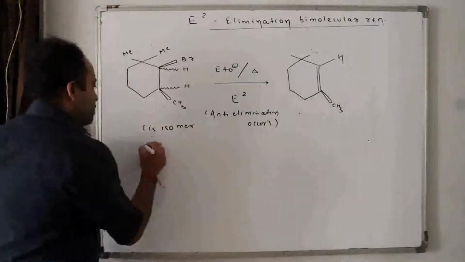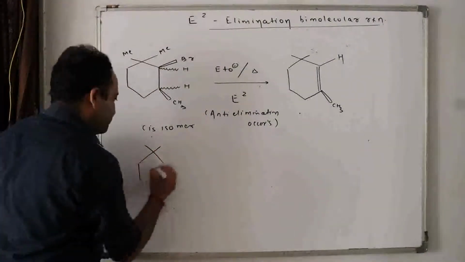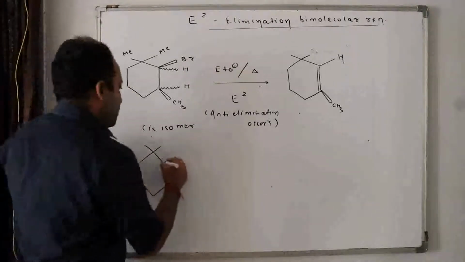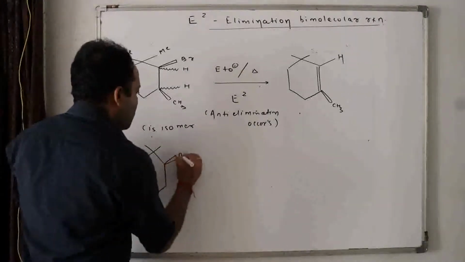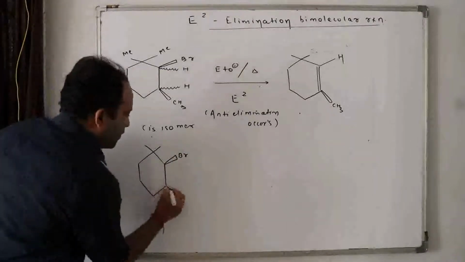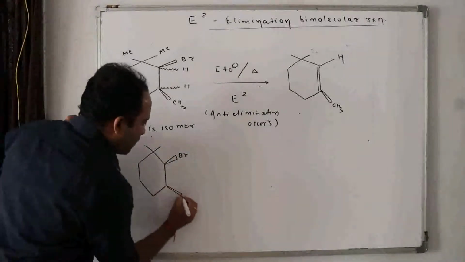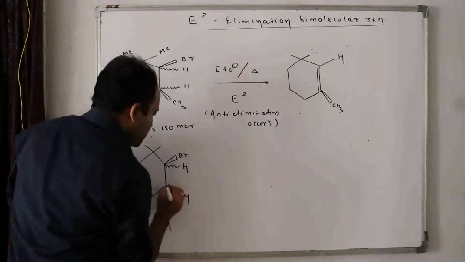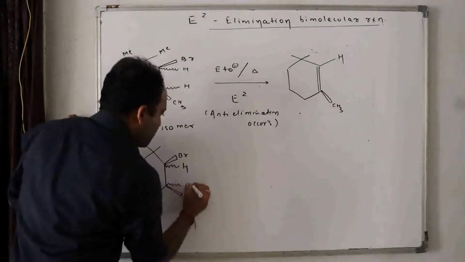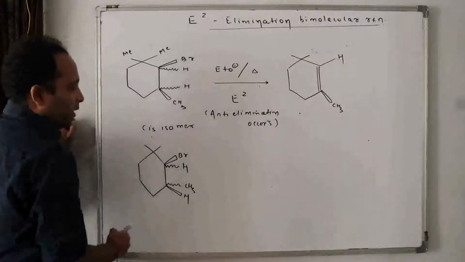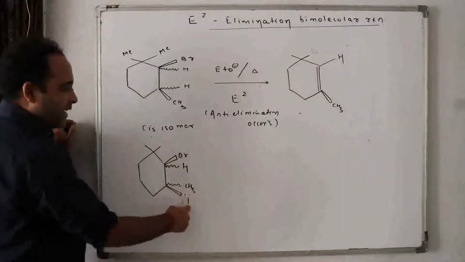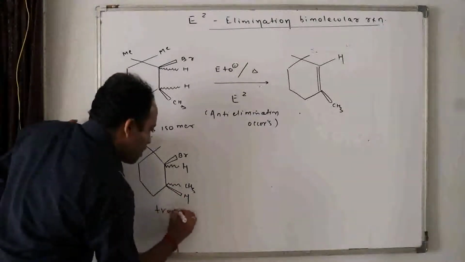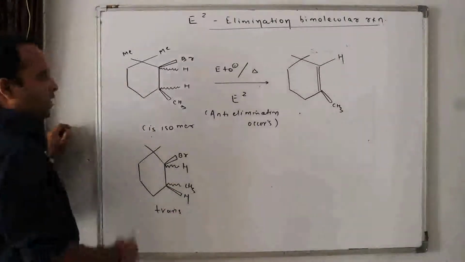But if the question is something like this: here there is bromine, here there is H, CH3. Now look here. Bromine and H are on opposite sides. That means this is the trans isomer.